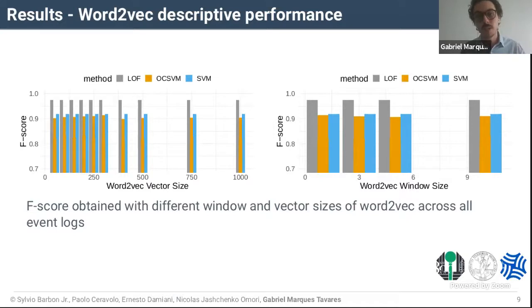All the algorithms used for the classification maintain their performance across these different hyperparameter configurations. This means that word2vec is very robust to using different hyperparameters, and overall represents the trace very well as an encoding technique. And we can say that lower values of vector and window size are faster to compute than higher ones.